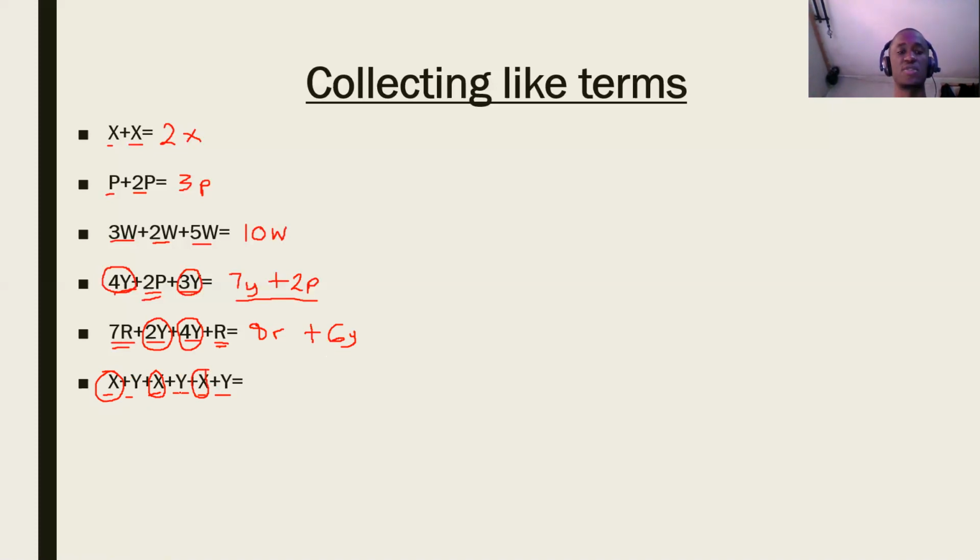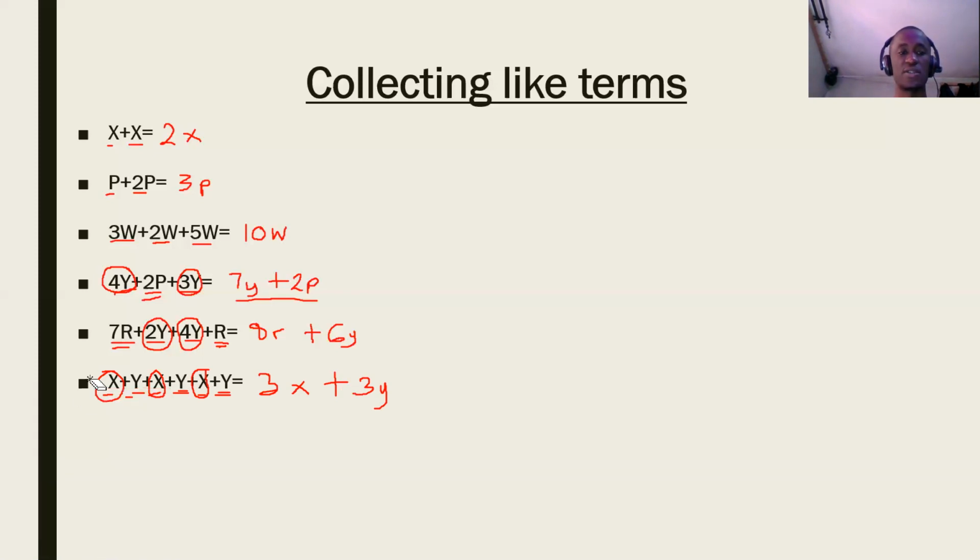Tuko na x tatu, so tunaenda kuongeza x tatu. 3x's put together, you get 3x. 3x plus, how many y's do we have? Moja, mbili, tatu. So we also have 3 y's.